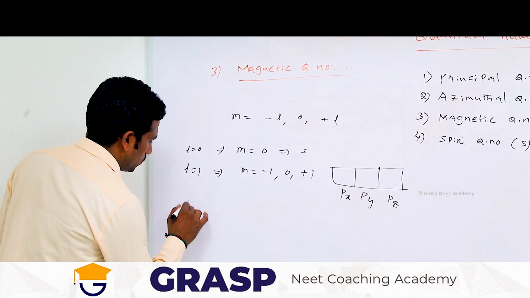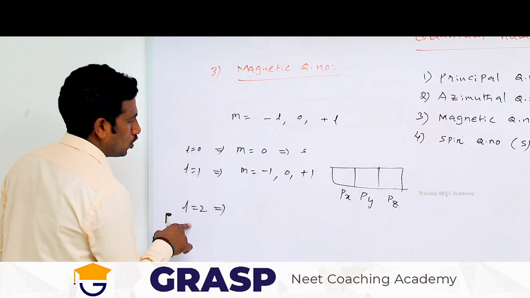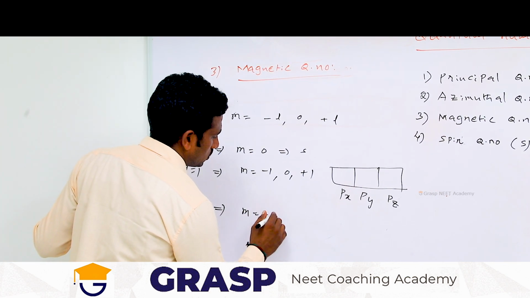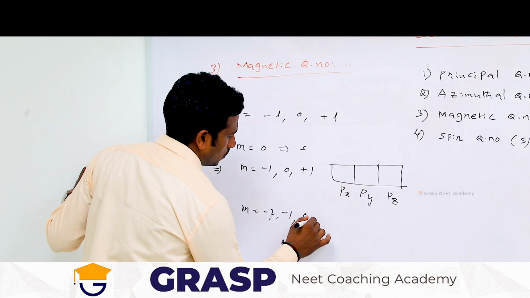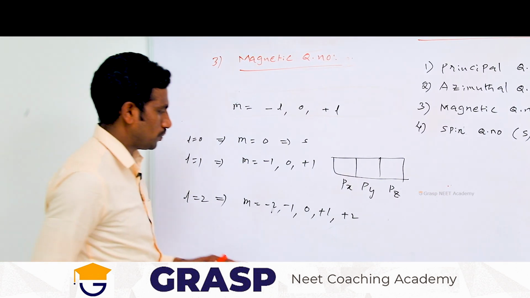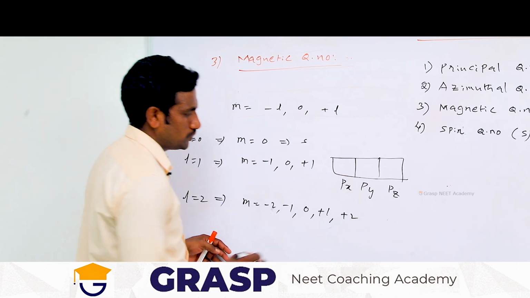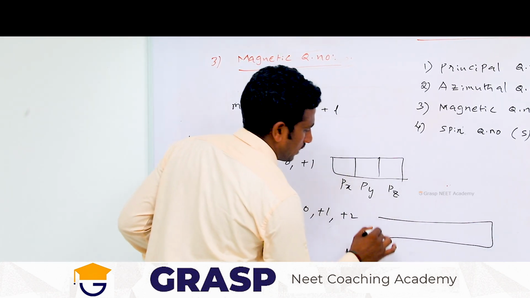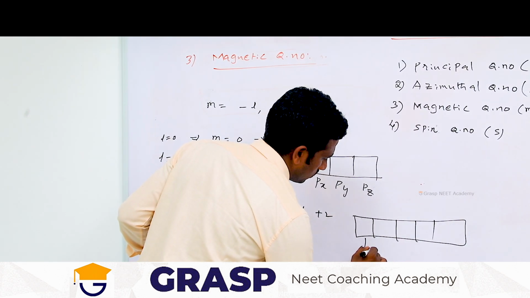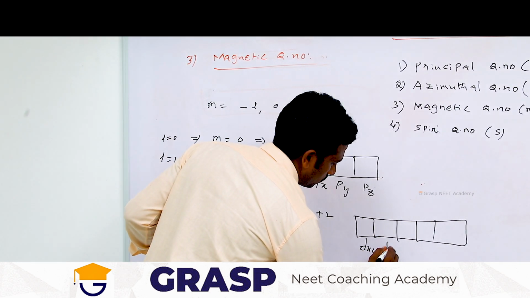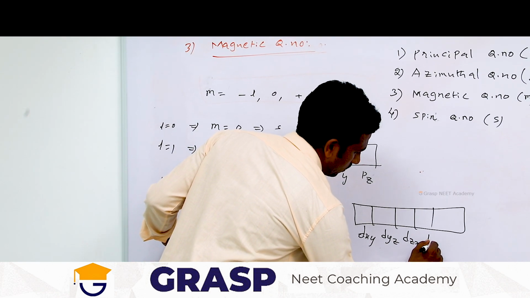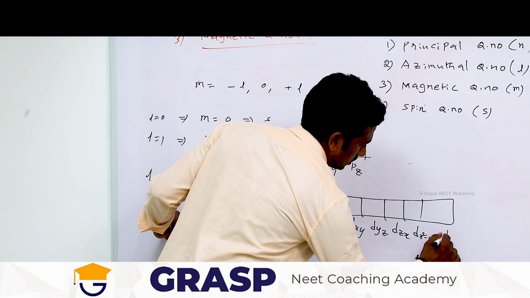If L is equal to 2, you know that it is a d orbital. Here the m values possible are minus 2, minus 1, 0, plus 1 and plus 2. Like this, 5 m values are possible for the d orbital. What are those? You can write like this: dxy, dyz, dzx, dx square minus y square, and dz square.